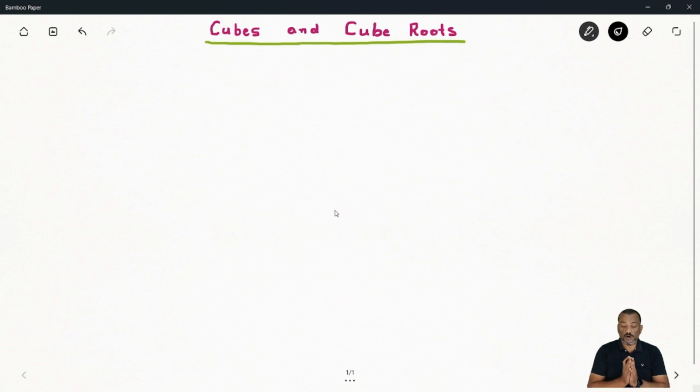First we will see what is a cube. Understanding of cubes. Have you ever wondered why we use cubes and cube roots? The most important thing is that cubes and cube roots play a very crucial role in mathematics.